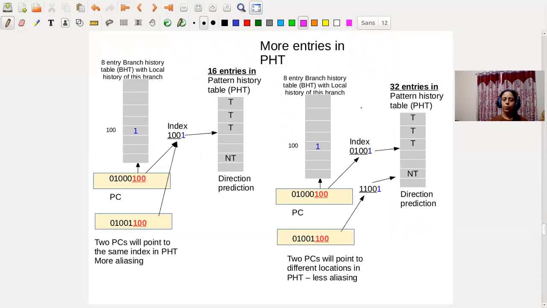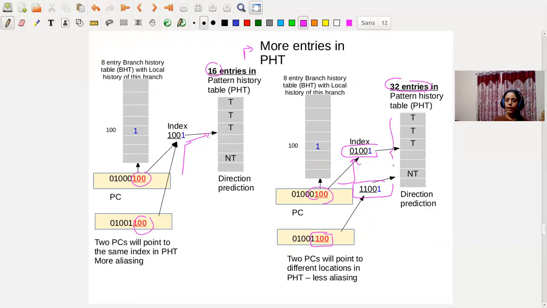So one of the ways to overcome that is to have more entries in the PHT. So if you have just 16 entries, it is likely that 2 of these PCs will index into the same PHT entry. Whereas if you have more entries in the pattern history table, you'll see that the concatenated index itself is going to be different because you're going to use more bits from the PC.